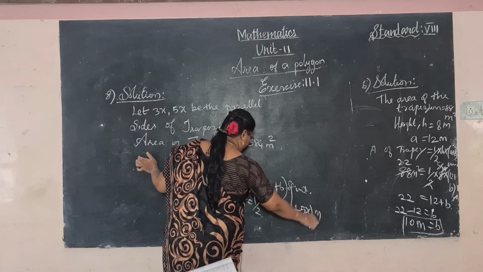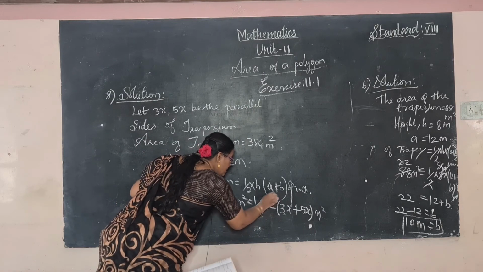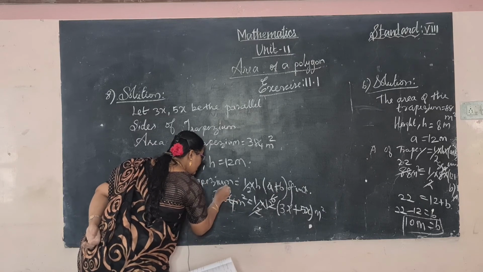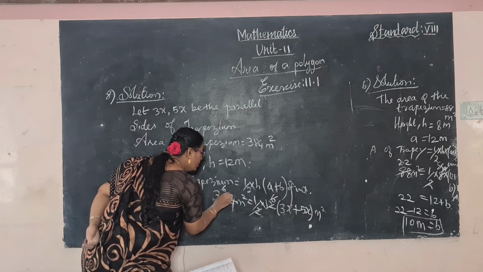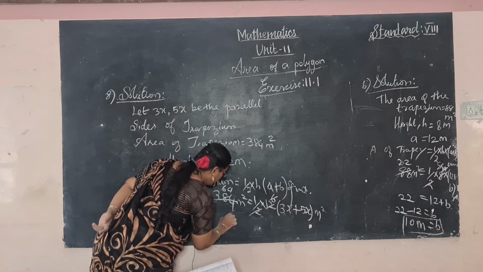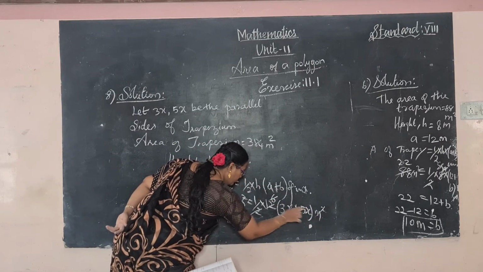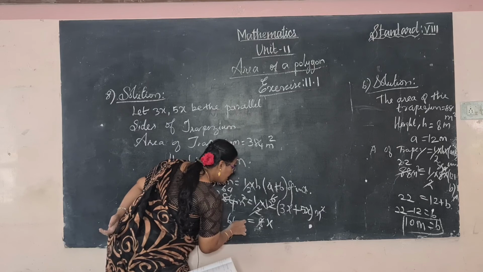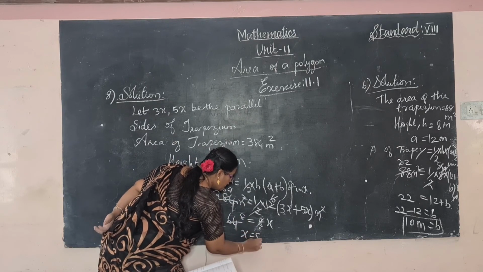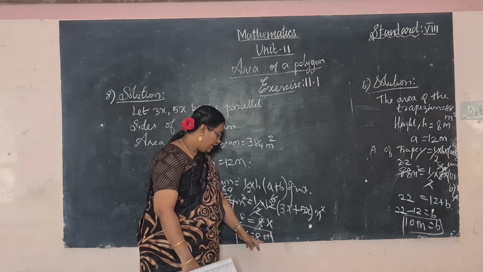Okay, so meter square. 6, it cancels here. 6 6s are 36, remaining 2. 6 4s are 24. On the side 64. Here 8x, it cancels. So x equal to 8 meter.